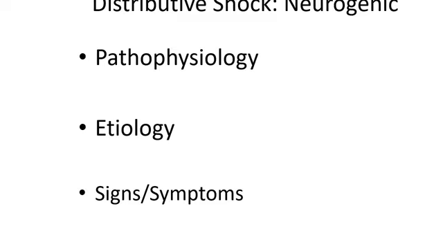And we need to restore sympathetic tone by reversing the anesthesia or monitoring them and decreasing the swelling when it comes to their traumatic brain injury or their brain tumor. So that is neurogenic shock, the only type of shock that has bradycardia instead of tachycardia.